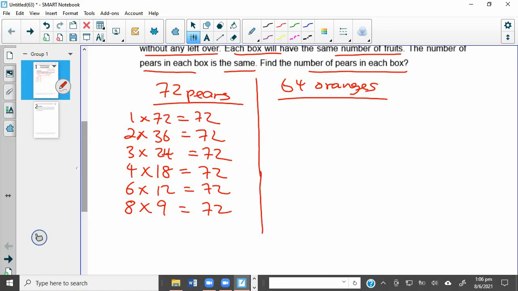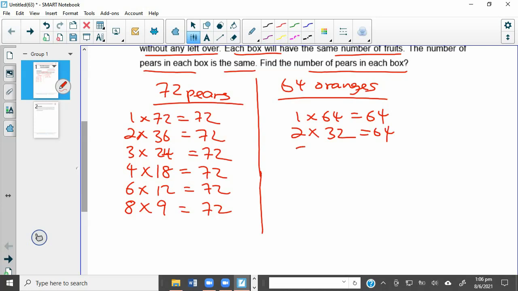So what are the factors of 64? 1 times 64, and then 2. 2 is a factor because 64 can divide by 2. Alright, so you can see that when you learn multiples and factors at P4 level, it actually gives you another method to solve the harder problems at P5 and P6 level.